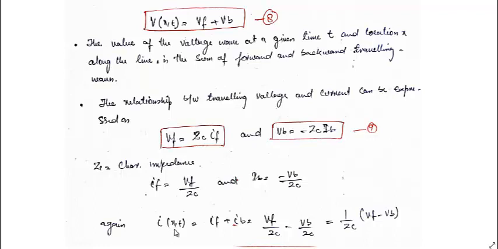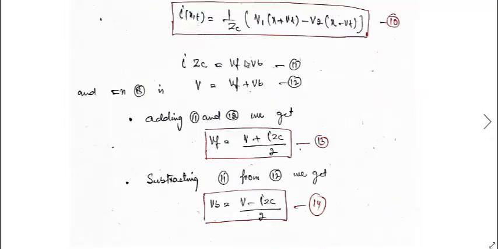Now here we'll get it in terms of Vf and Vb. So If plus Ib will be equal to Vf divided by Zc plus Ib, where If is equal to I into x minus Vt and Ib is equal to I into x plus Vt. But I want to calculate them in terms of Vf and Vb. This is Vf by Zc minus Vb by Zc, which is equal to 1 by Zc times Vf minus Vb.